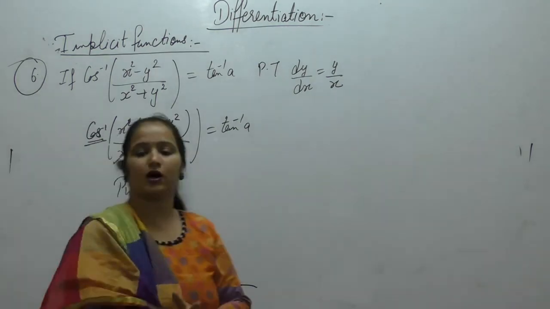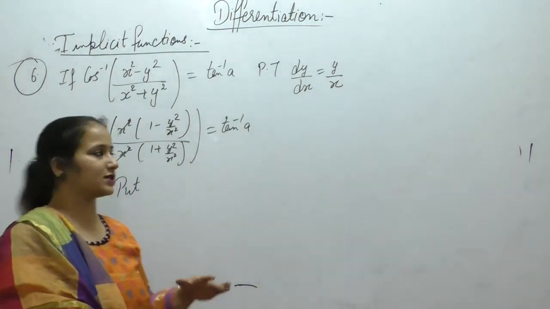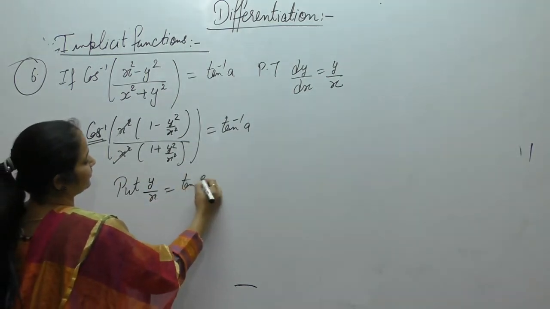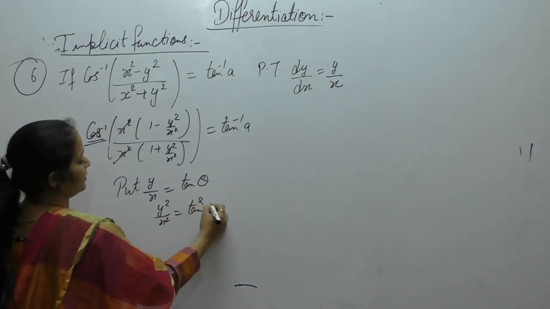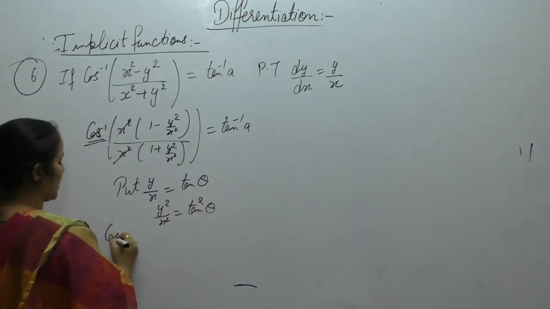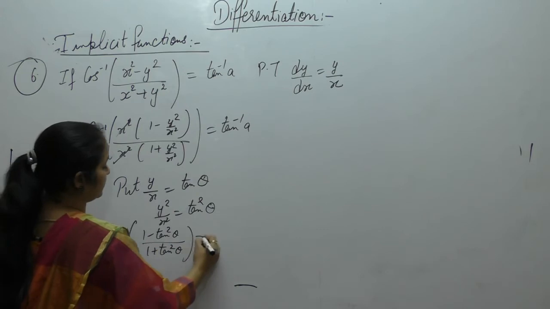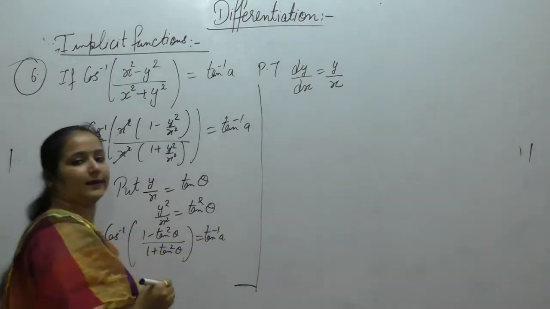So inside we have to make a cos term, so that cos inverse and cos cancel. So put y upon x as tan theta. y square upon x square is tan square theta. So cos inverse of 1 minus tan square upon 1 plus tan square.